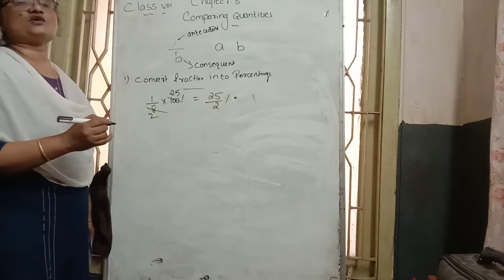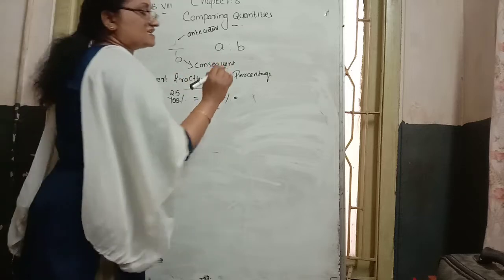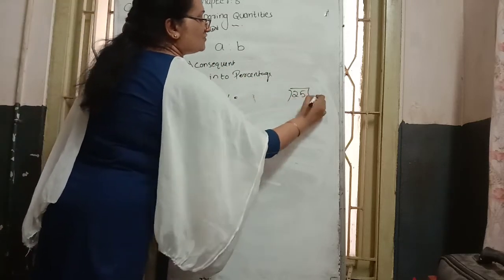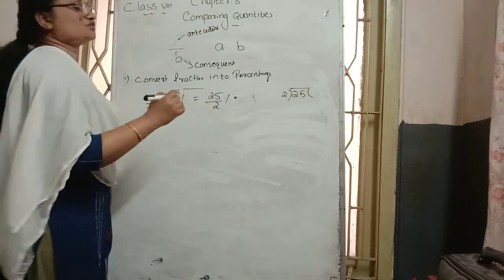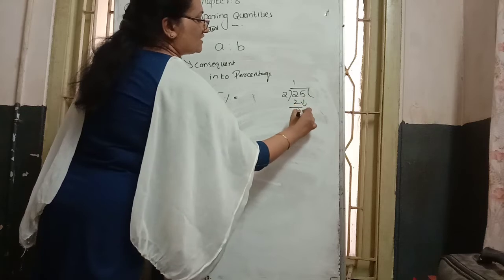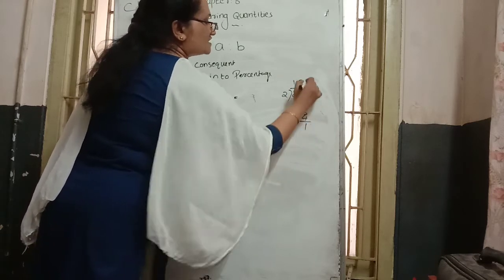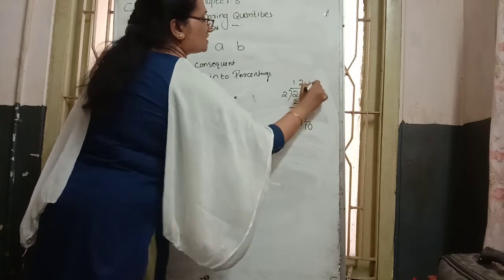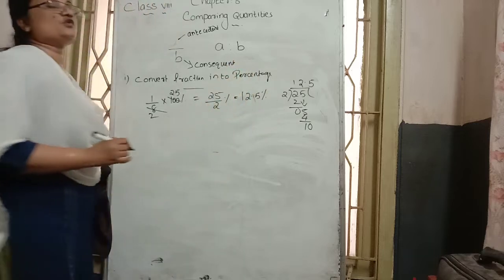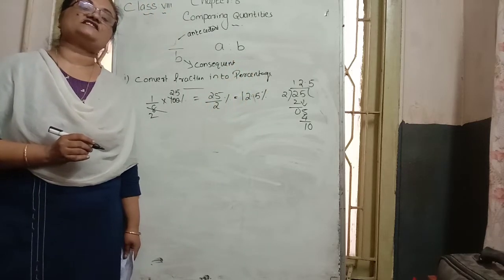Fractional form right, or decimal form right. For decimal form, 25 is divided by 2. 2 table, 2 one time. Next place 5, 2 times 4, subtract, decimal point keep 10, 2 table 10, 5 times. So how much percentage will we get? 12.5.